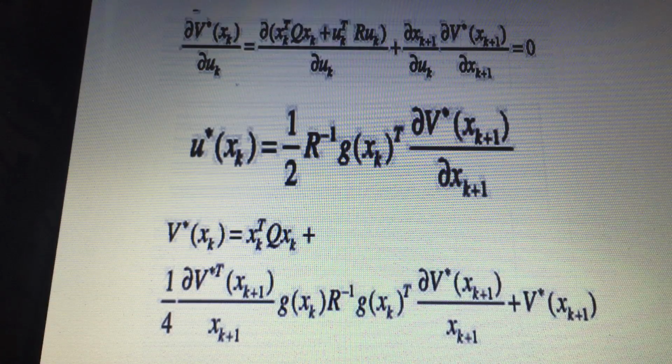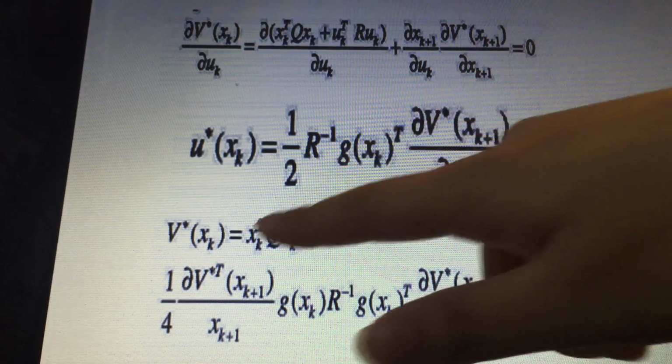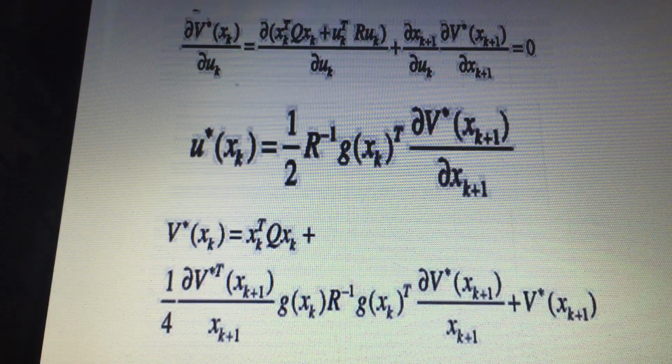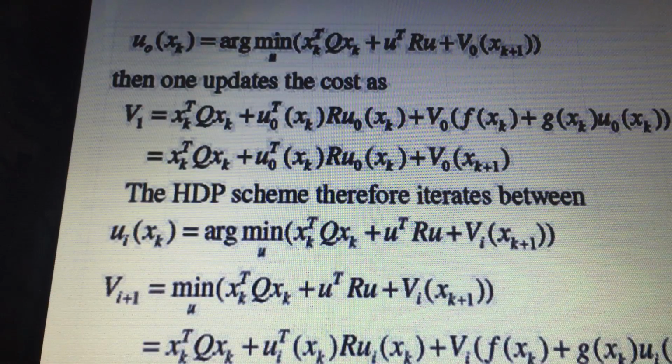Then get back to the HJB equation, so we have the value function V star defined.